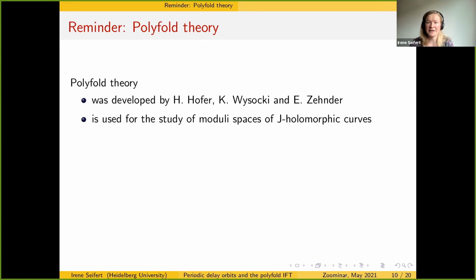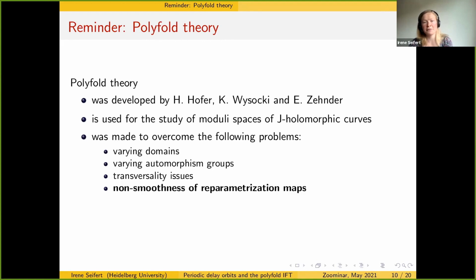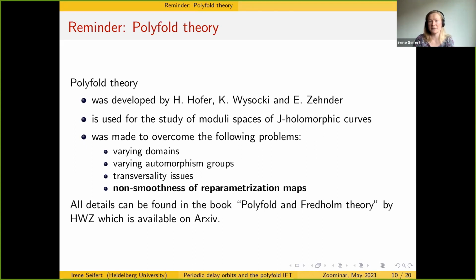And in this setting, there are certain problems that always occur, and polyfold theory was made to deal with these problems, namely varying domains, varying automorphism groups, transversality issues, and, which is the one important for the delay setting, the non-smoothness of these parametrization maps. And of course, all the details can be found in the big book, Polyfold and Fredholm Theory, which you can find on the arXiv.